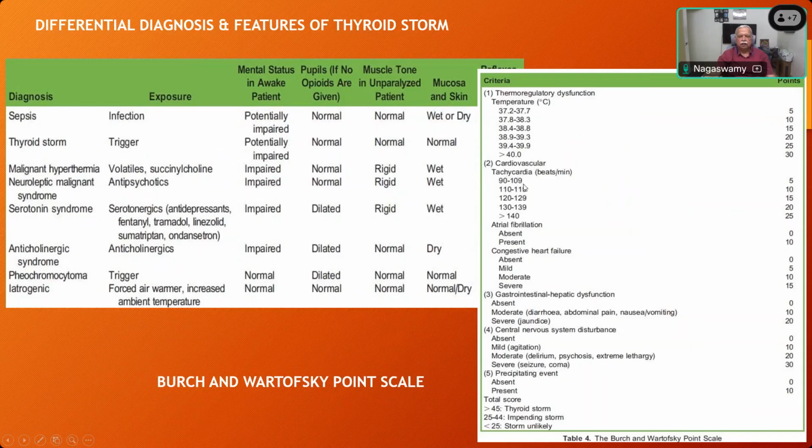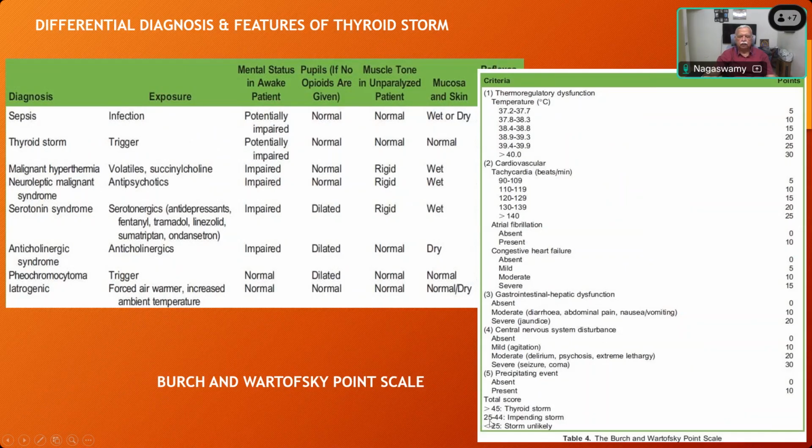These three things are taken into consideration. GI tract and hepatic dysfunction, CNS disturbance like agitation, delirium, psychosis, seizure, coma, and precipitating event, whether present or not. All these things taken together, if you have more than 45, it is a confirmation of thyroid storm.